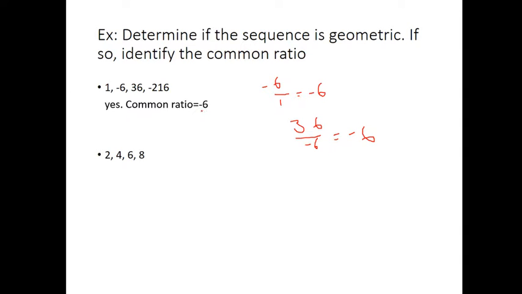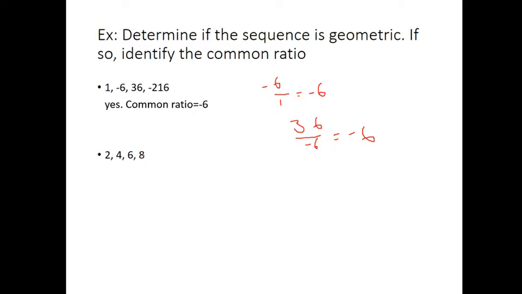So basically what you have to do to find the common ratio, you have to divide the terms. You can divide the second term by the first, or the third term by the second, and so on.